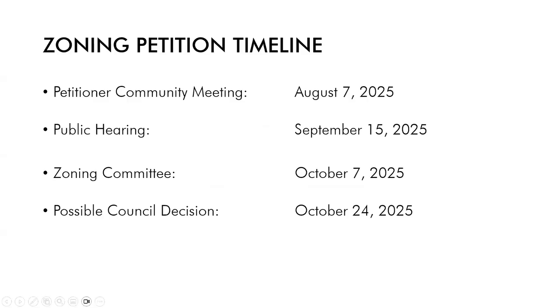But if you have any questions, or if any of your neighbors have any questions, feel free to put them in contact with me. I'm happy to hold another virtual meeting. I'm happy to grab coffee somewhere and review the plans.